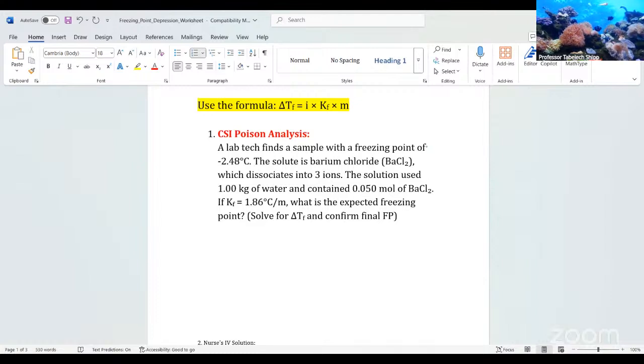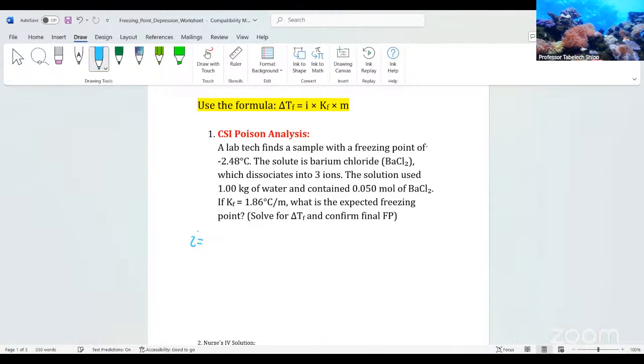Solve for delta T of F and confirm the final freezing point. Now, let's analyze what was given. They told you that your i was 3. And how do you know that? Well, here was your formula, barium, and then you have chlorine, so 1 plus 2 gives you 3. That's how you get those 3 ions.